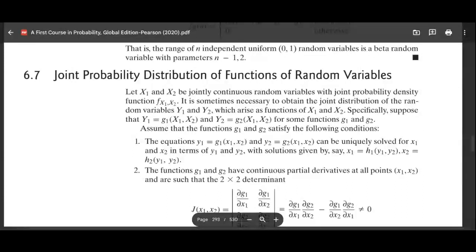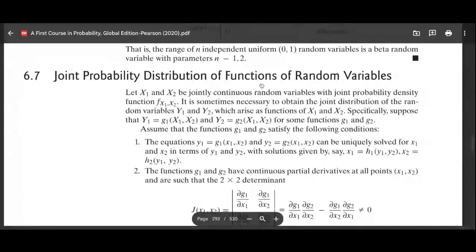I remember it's exchanging variables. Okay, convolution, we call functions of random variables. Change of variables formula. Joint probability distribution of functions of random variables. Okay, it is this one.